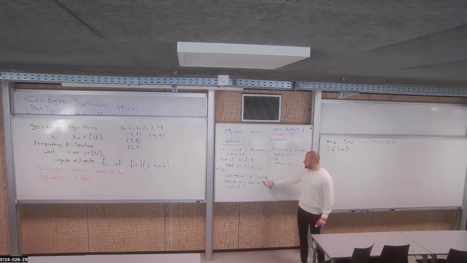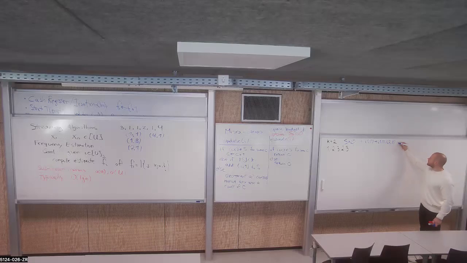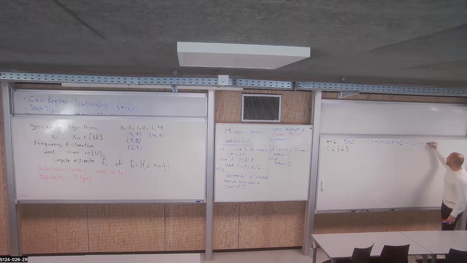So what we should do is decrement all the counters and remove those that reach 0. We decrement, they both reach 0, and so now we're back to the empty set. Then we see a 2. So now we put 2 with a count of 1. And then finally we see a 3. So then we get 2, 1, 3, 1. Okay, so this is our final S.